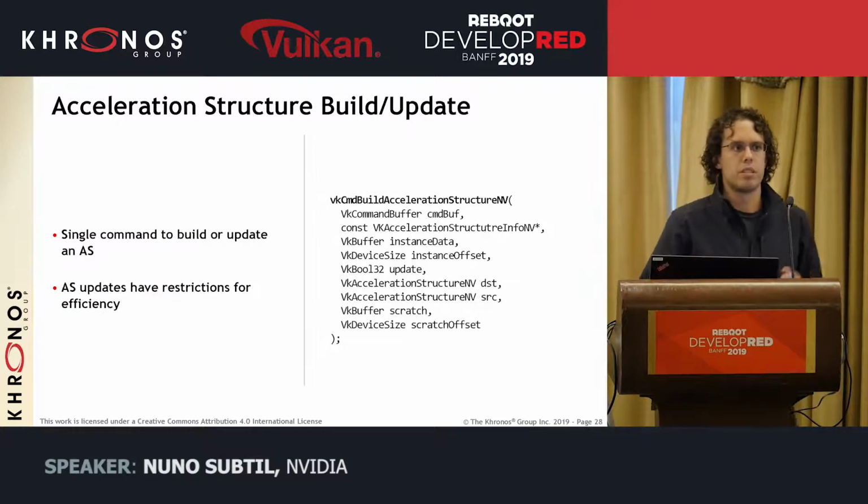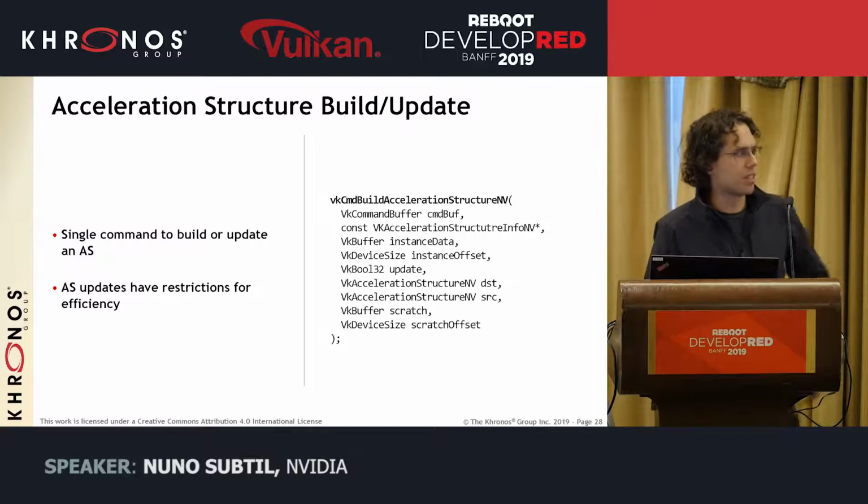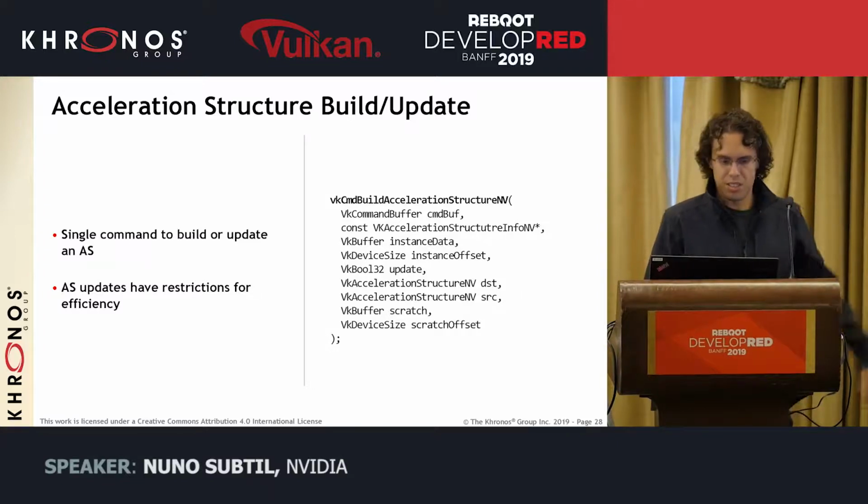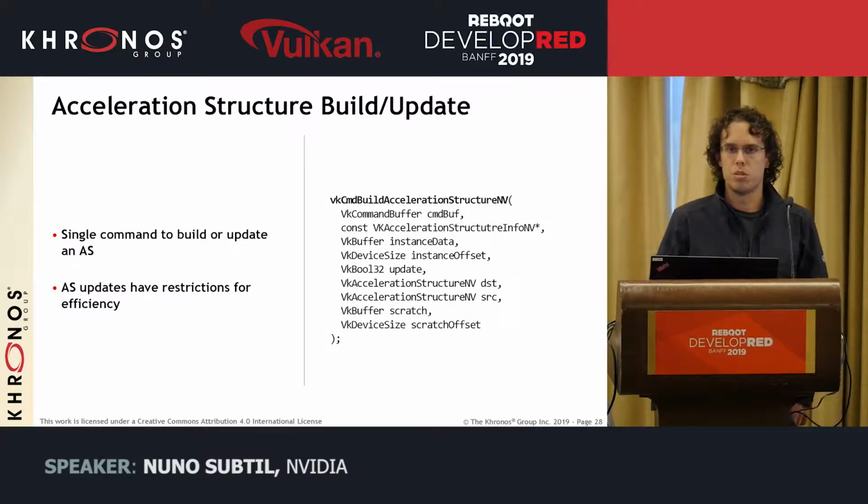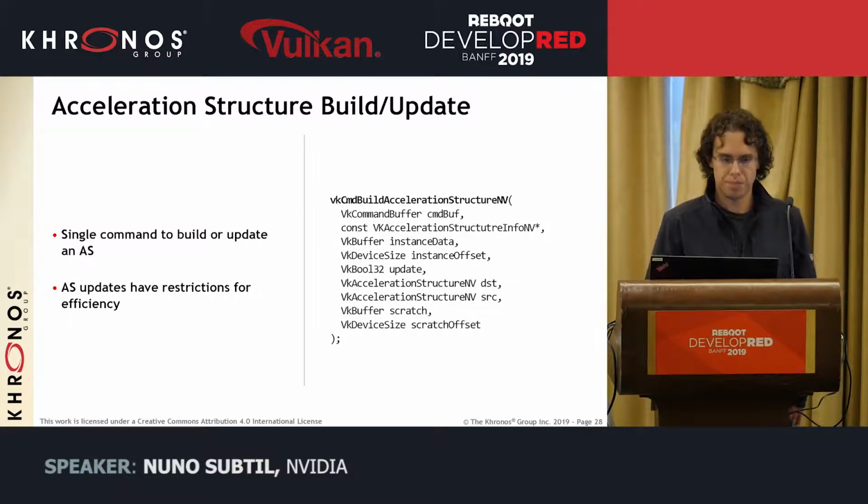You can actually query the API for how much memory you actually need for this piece of geometry, and it'll give you a number that's likely lower than the initial upper bound. So there's a copy command that allows you to copy acceleration structure objects while compacting them if desired. This is the intent of the copy command: to allow you to do compaction on the acceleration structures once the implementation has actually seen the data.